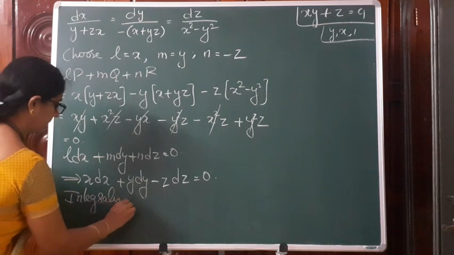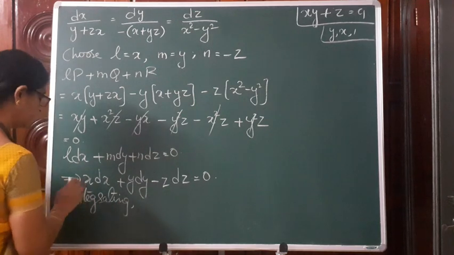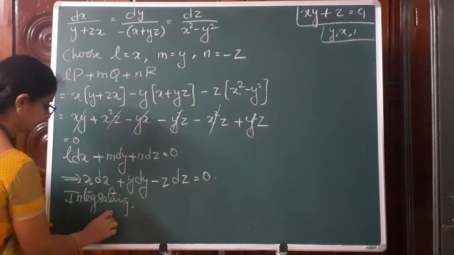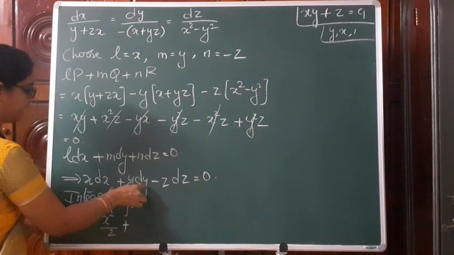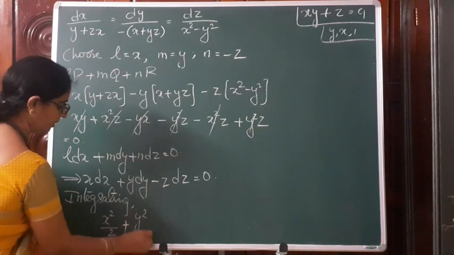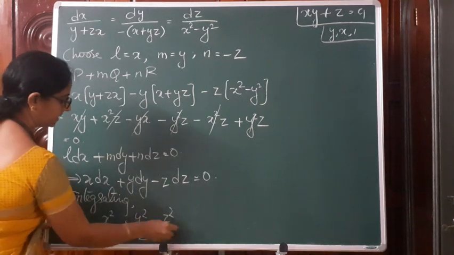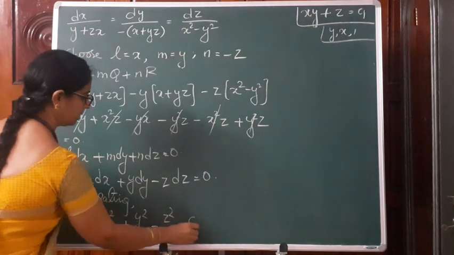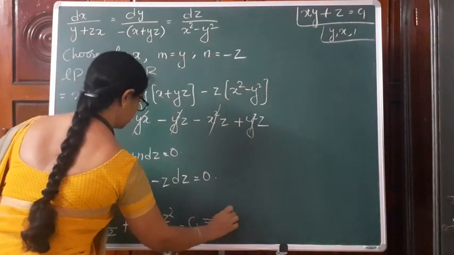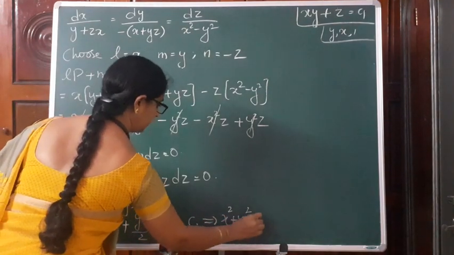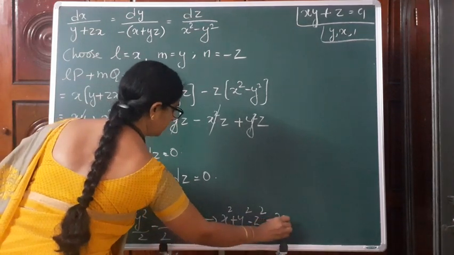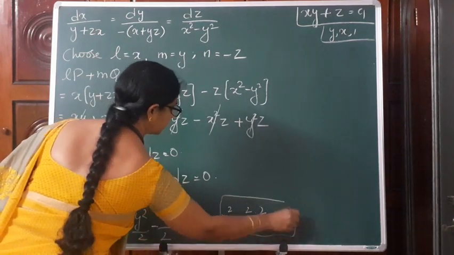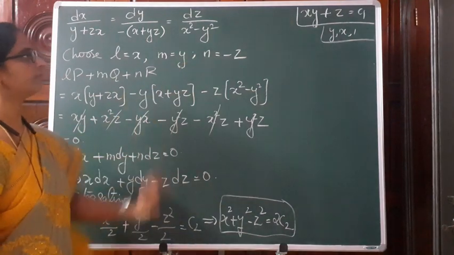Integrating this, we get integral of x is x squared by 2, integral of y dy is y squared by 2, minus integral of z is z squared by 2, is equal to c2, or x squared plus y squared minus z squared is equal to 2c2. This is the second solution which is independent of the first solution.